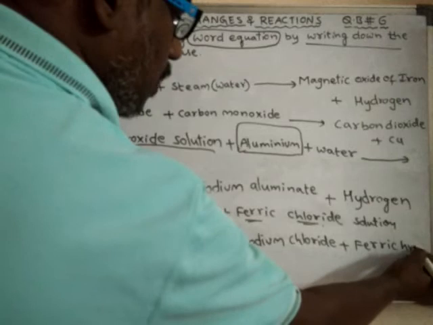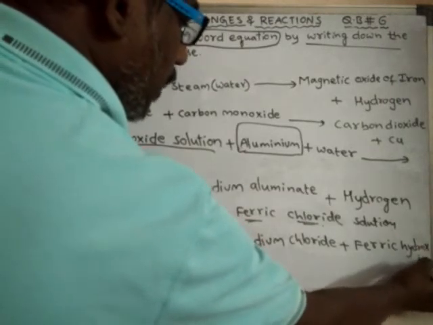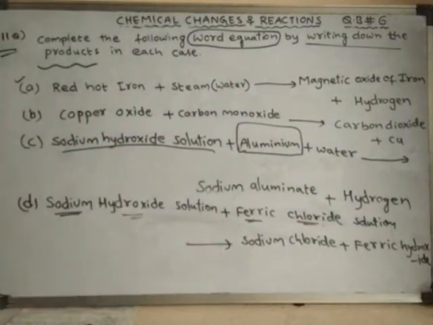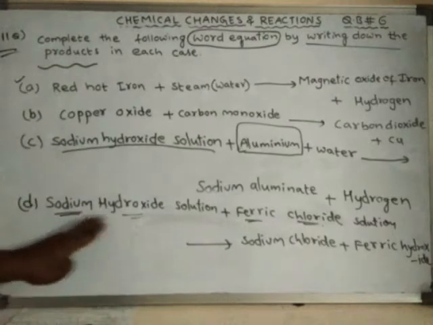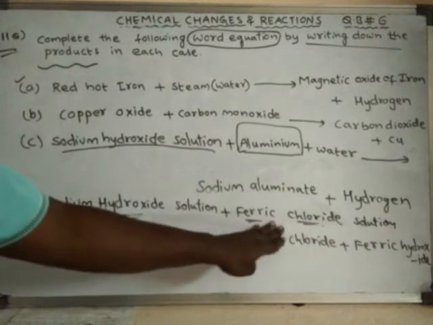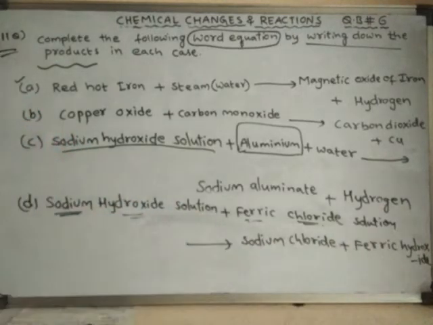Ferric hydroxide. Okay, so these are the products, and this is the given question, and to solve this question we have to write the products.